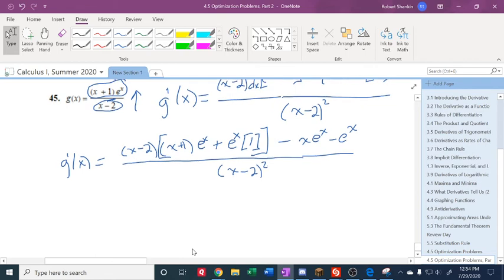I'll just do a little bit of cleanup here. In this bracket, an e to the x is common to both, so that could factor out. What would be left over is x plus 1 plus another 1, which is x plus 2.